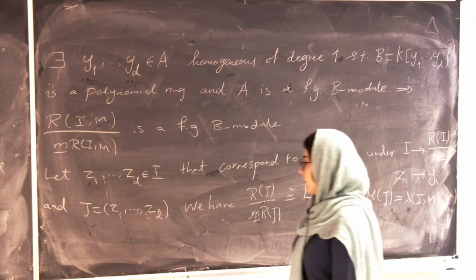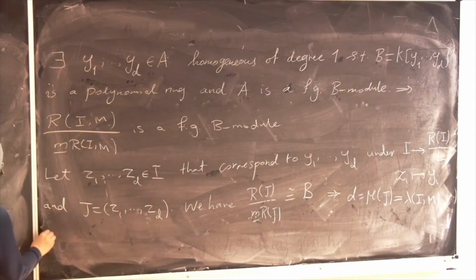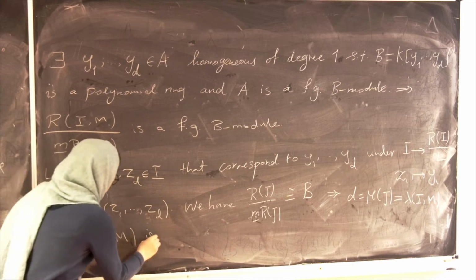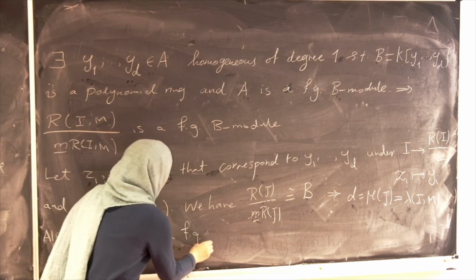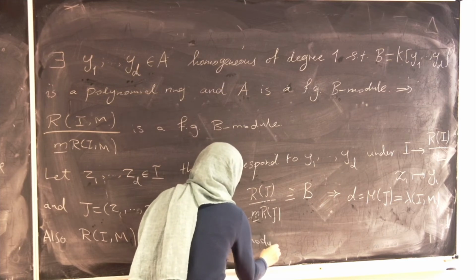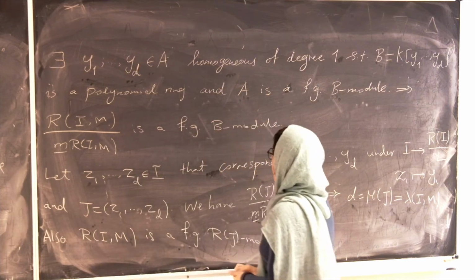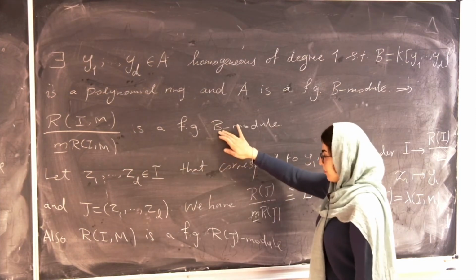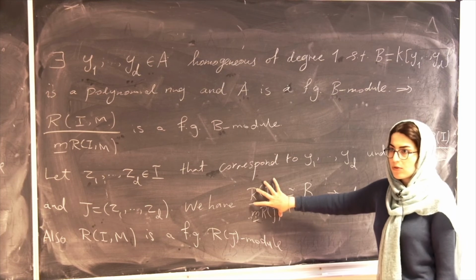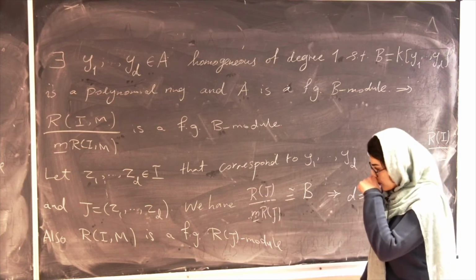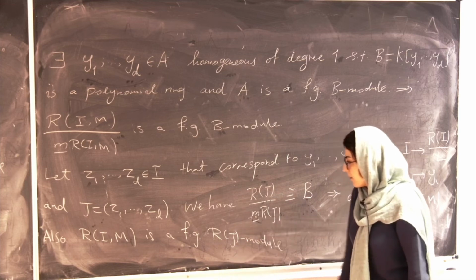And also R_I(M) is finitely generated over R(J). Why? Because this is finitely generated over B, and B is just this quotient. So if this quotient module is finitely generated, it is also finitely generated as an R(J)-module.